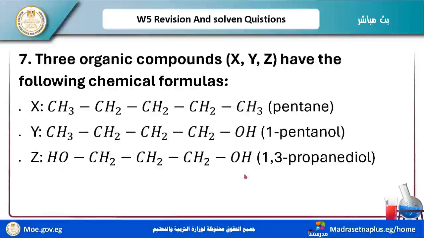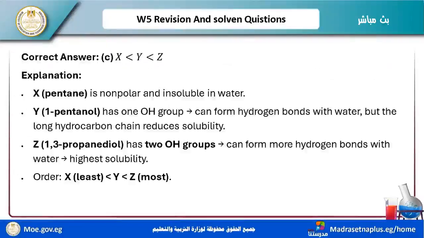So Z is more soluble in water because it has 2 OH, one here and one here. The number of polar covalent bonds is more than in Y, which has 1 polar bond, and X has no polar bonds. X, pentane, is non-polar and insoluble in water.